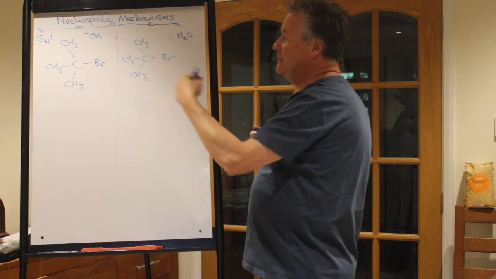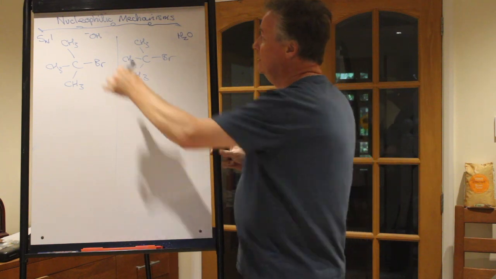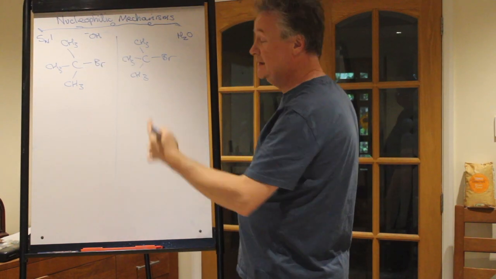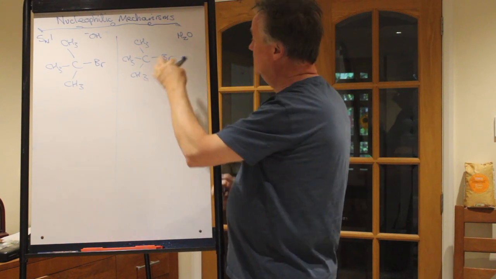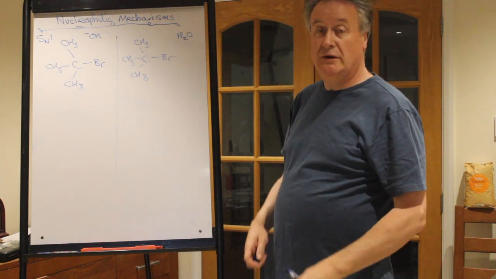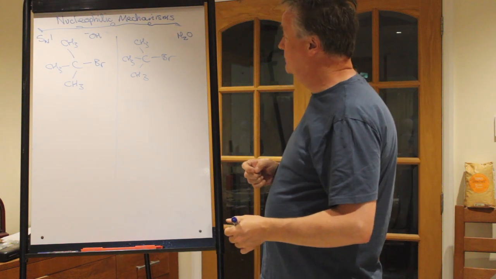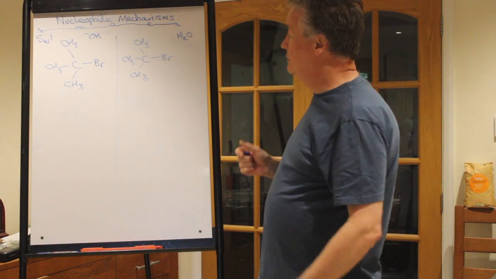So I've got it again on a split pair of mechanisms, only because nucleophiles carrying a whole negative charge make the mechanism simpler, but not massively simpler than ones where you use a molecule. Water is my example this time, where you have to remove a proton, remove a hydrogen.